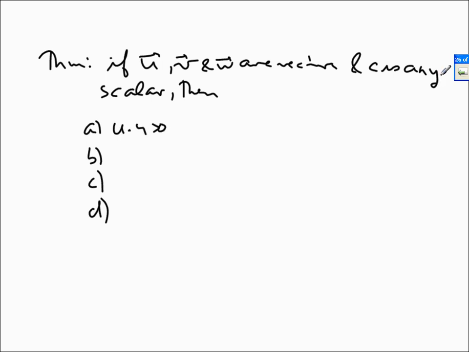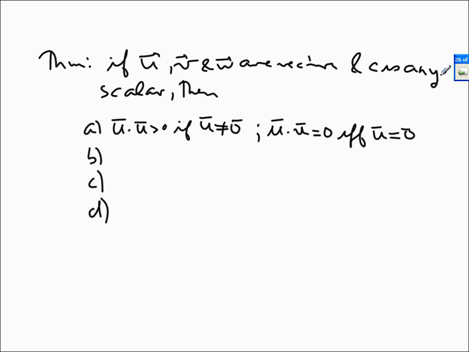u dot u is greater than 0. If you dot a vector with itself, you're going to get more than 0 if the vector is not the zero vector. u dot u equals 0 if and only if u is the zero vector. u dot v is v dot u. u plus v, you want to dot that with vector w.